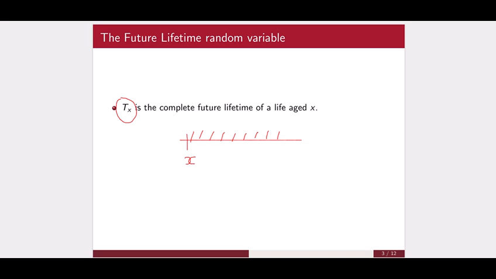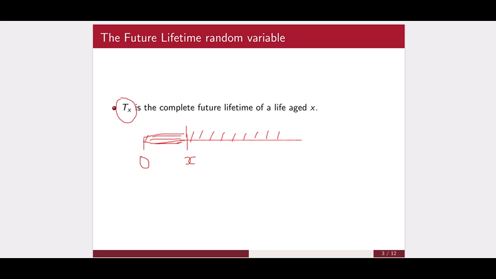On the other hand, the duration of life that has been lived by this life is not a random variable. From the time this life was born to a duration of x years, it is certain that this person has lived for x years and now they are aged x.